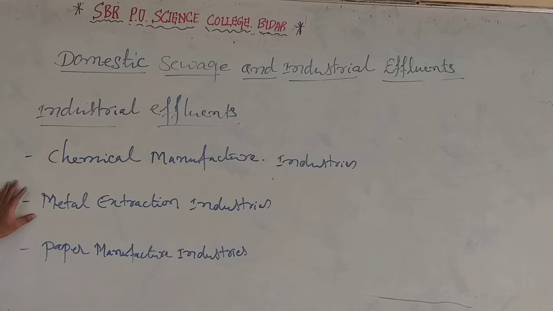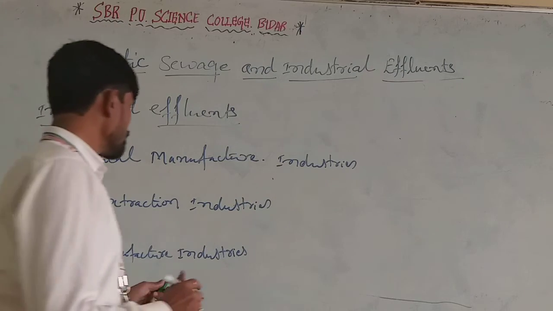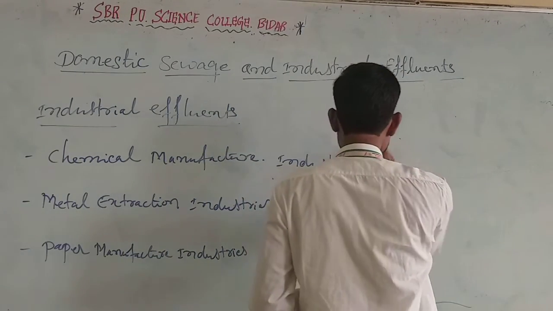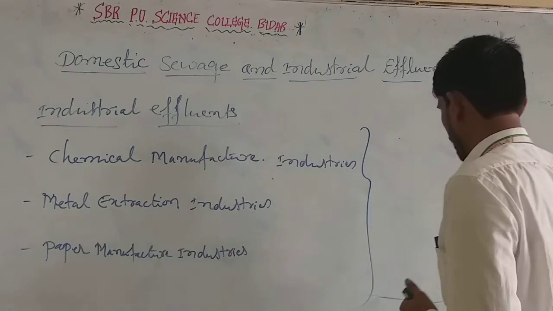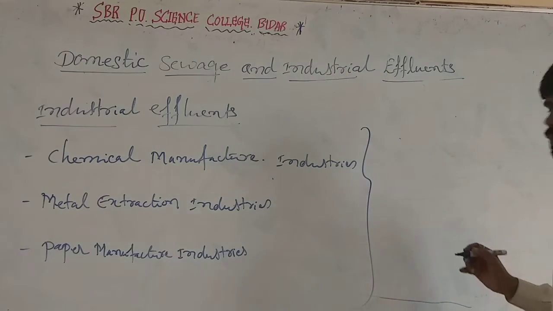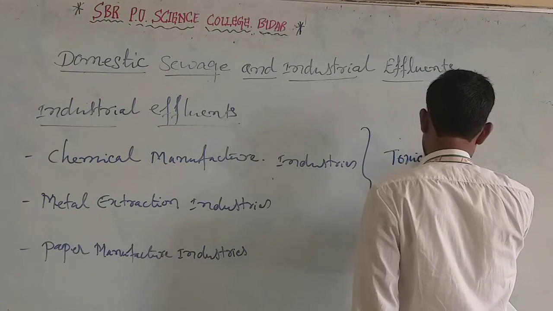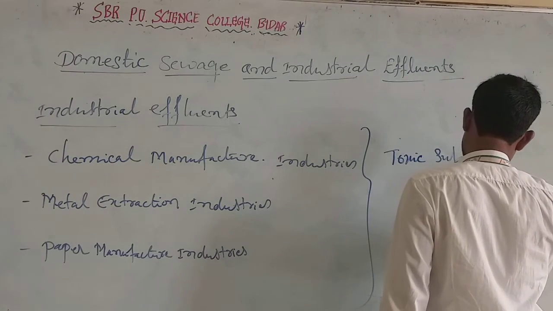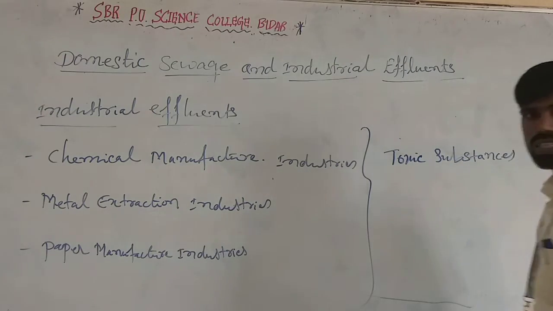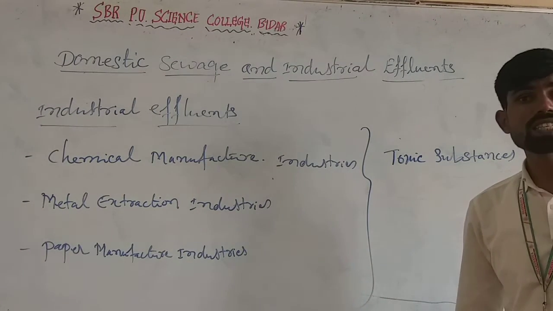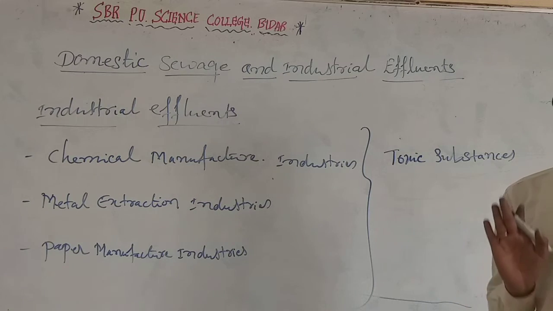Without treating, they directly discharge the polluted water into streams, rivers, etc. What does this industrial pollutant consist of? It consists of heavy metals. They are toxic. Toxic means it is not good for consumption.